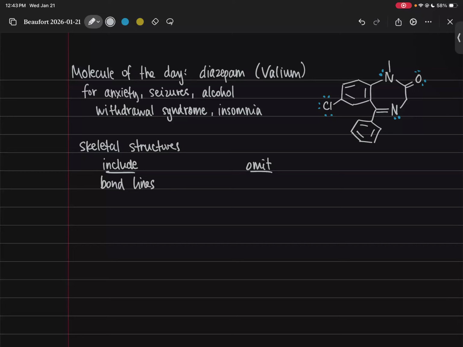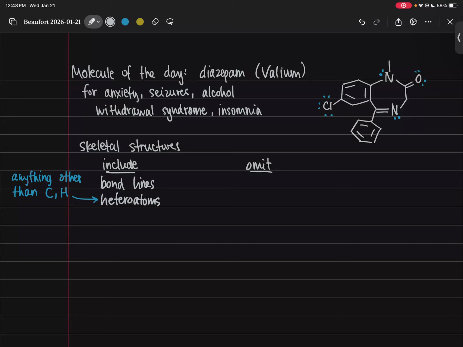Obviously we have to have bond lines to show that the bonds are there. We include heteroatoms. And as a point of definition, a heteroatom is anything other than carbon or hydrogen.